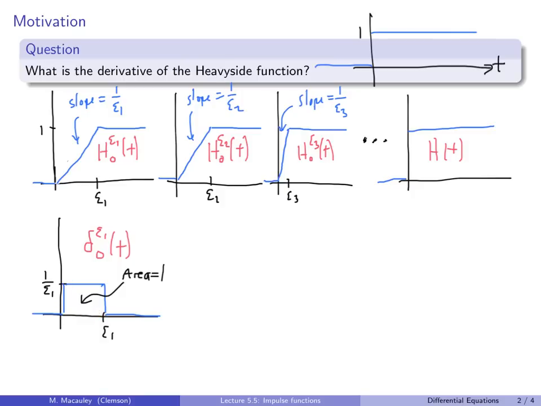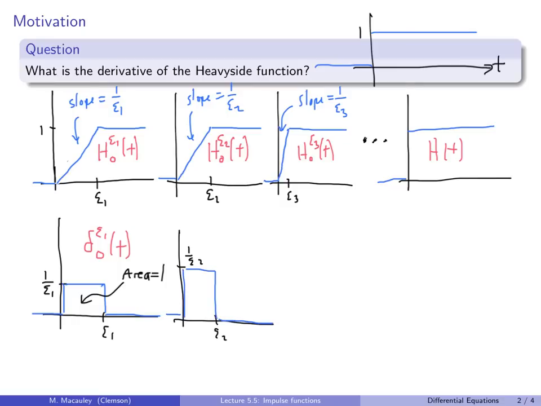Okay, so let's do the same thing over here. So here is epsilon 2, and here is 1 over epsilon 2, and the derivative of this function is this interval function here.